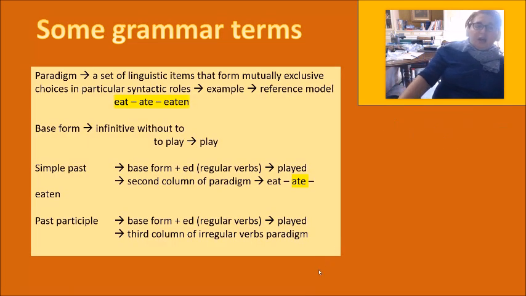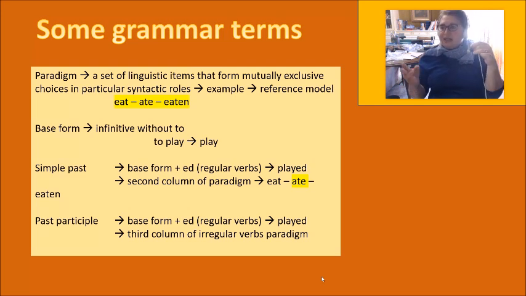Good. There are some other grammar terms that we should be familiar with before looking at the examples, in order to have, as I already said, this common ground of reference. So when I say base form, everybody understands the same thing. Otherwise, it's chaos, it's mayhem.